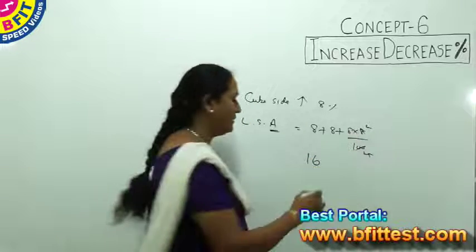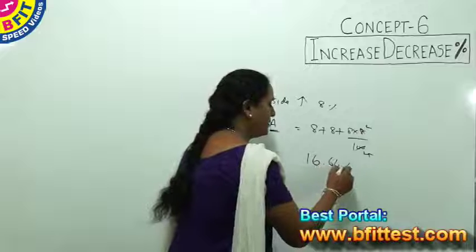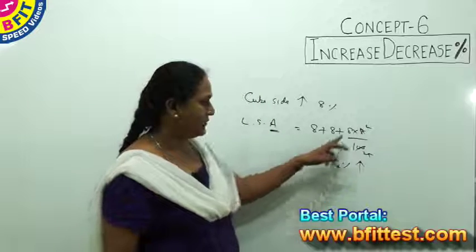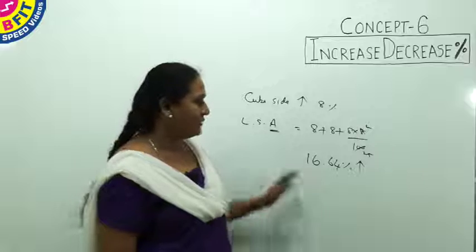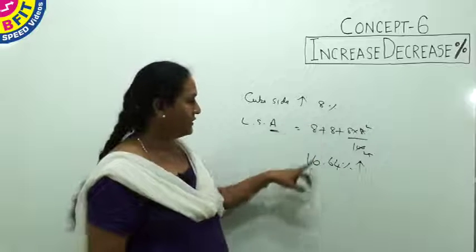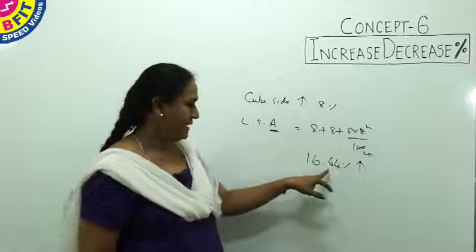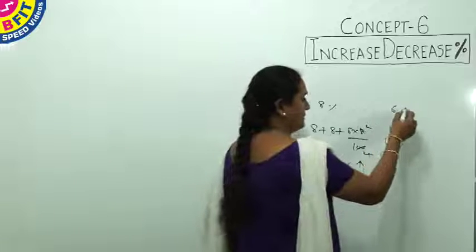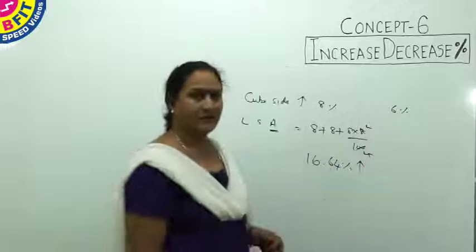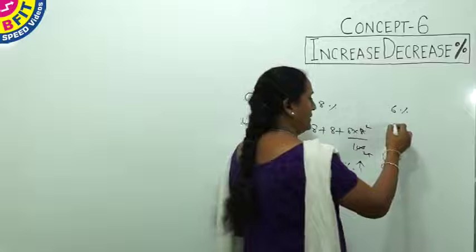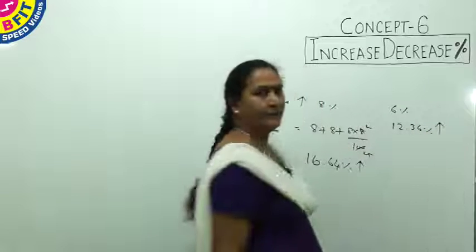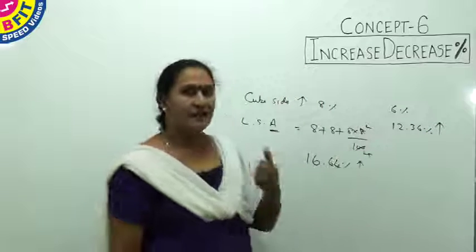So what will be the value? It is 16.64% increase. If it is multiples of 10 we can cancel, otherwise no need to work out all, double this, square this and have it in the decimal part. So if suppose it is 6%, now what will be the increase in its area? It is 12.36% increase. So just with the number we can get the answer.